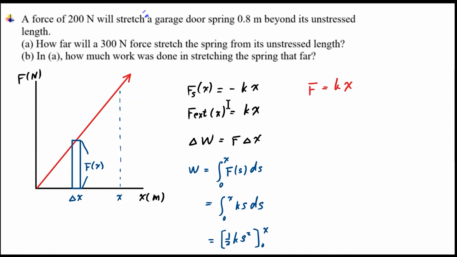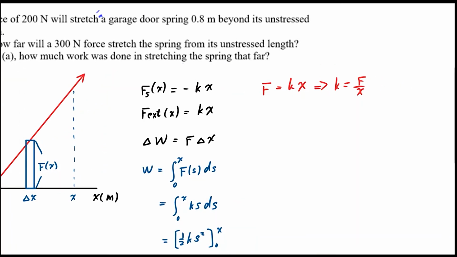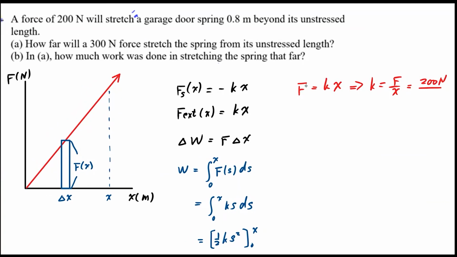It depends on which force it is, right? But let's say this is an external force. You are stretching this, okay? Now, therefore, that tells you K is equal to F over x, right? Say yes. And that is 200 Newton divided by 0.8.